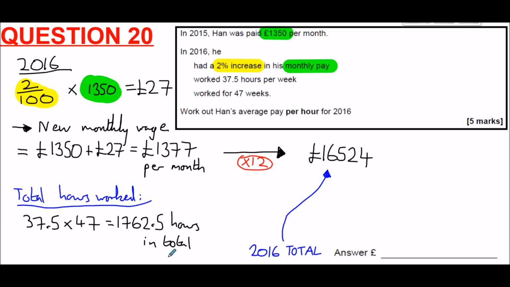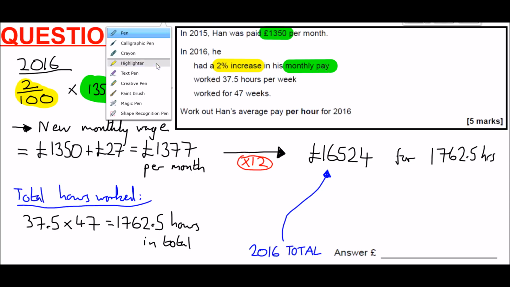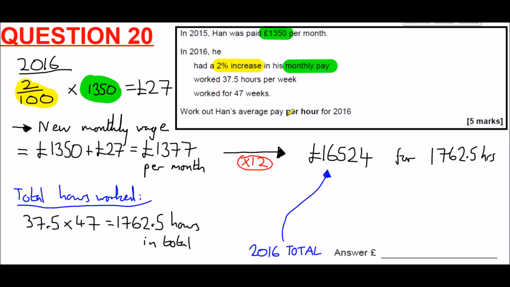And so he's worked that many hours in total for 2016, and he's got that much pay. But the question here, we want to work out the pay per hour. Pay per hour means you want to work out how much you get paid not for all those hours, but just for 1 hour.